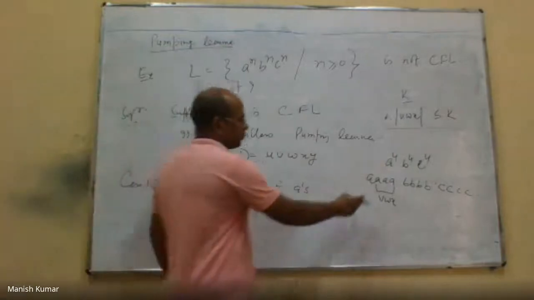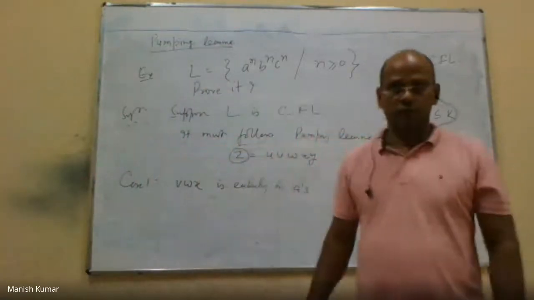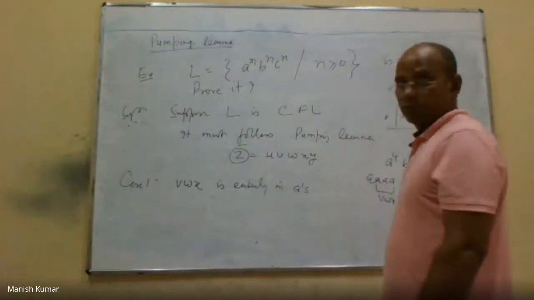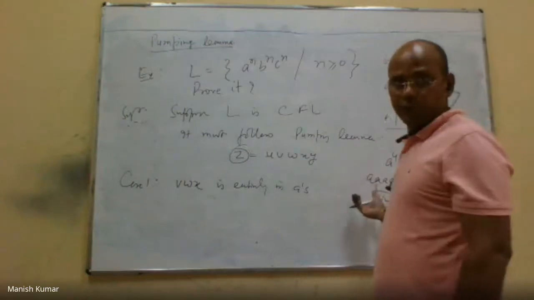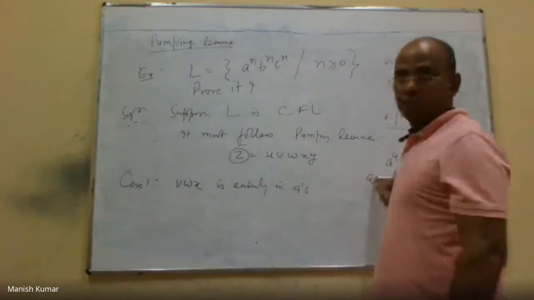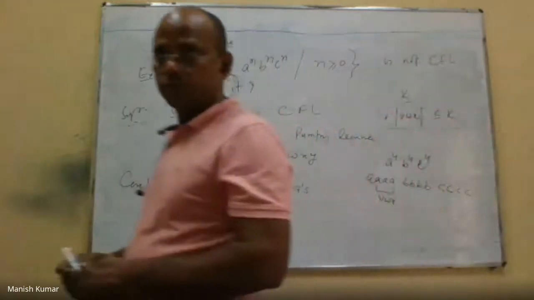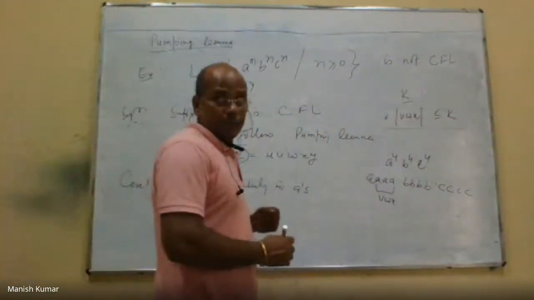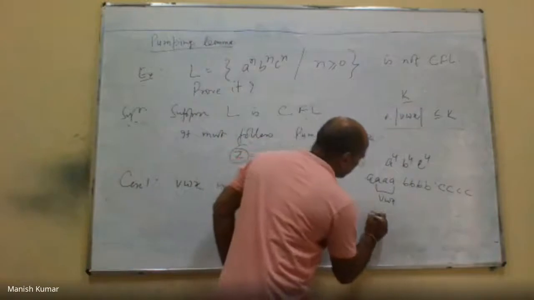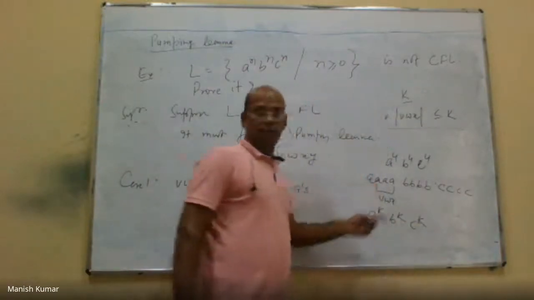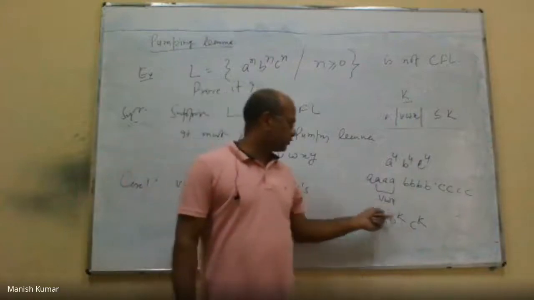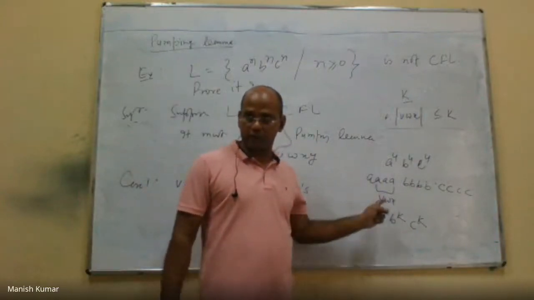If you pump V and X in this case, whatever pumping will be done means you will be increasing the number of A's. So you have considered A to the power K, B to the power K, and C to the power K, and here the length of VWX is always less than K. That is established already.